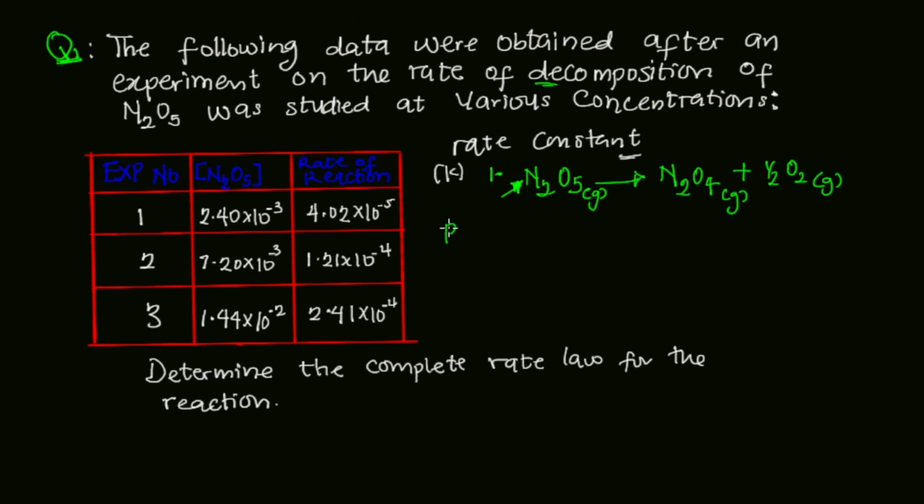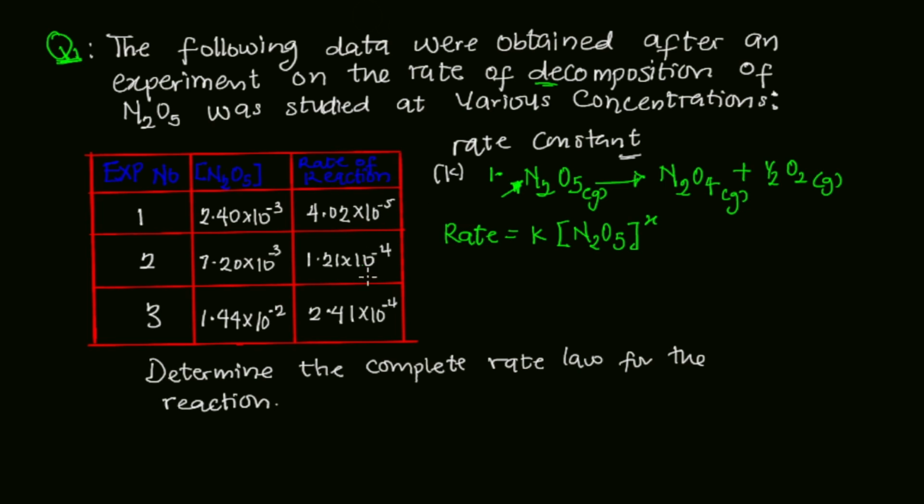To write the rate expression, you take note of this reactant, and the rate expression equals K, which is the rate constant, and it is very necessary, multiplied by the concentration of the reactant raised to the power of X, where X is the order of reaction. This rate is the rate of the reaction, that is the speed at which the reaction occurs, and the rate is always provided in the question.